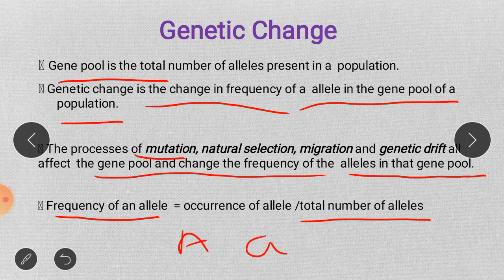To calculate the frequency of capital A, we consider the number of capital A alleles found in the gene pool divided by the total number of alleles. Likewise, we can calculate the frequency of any allele.